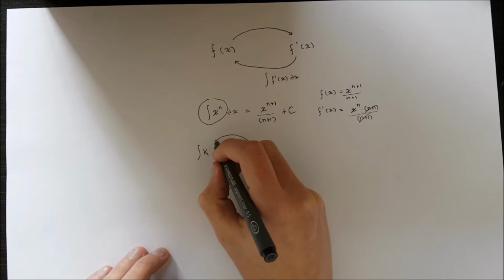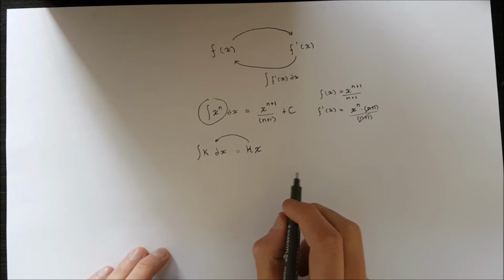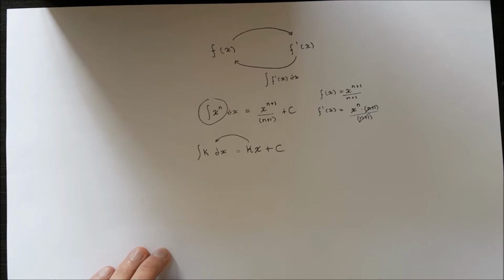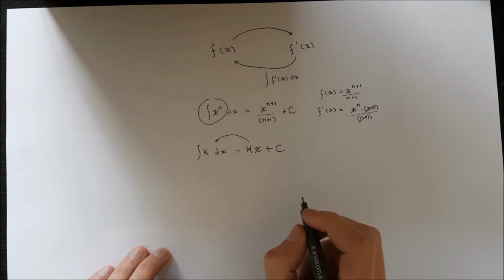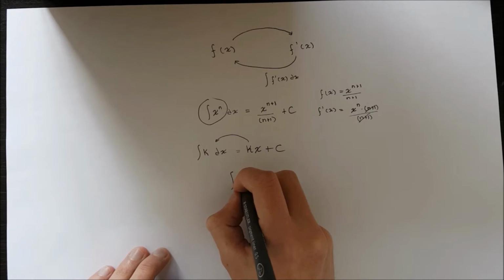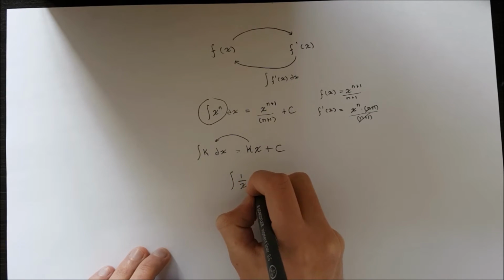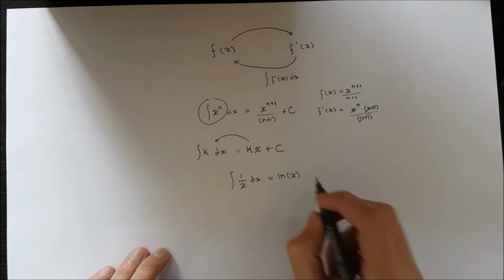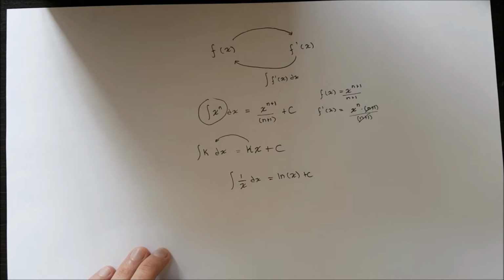That gives you back the original integrand, which is what we want. And this is plus c, again, plus a constant. Another interesting one is the integral of 1 over x dx, which is always going to be equal to ln x plus c. It's important because we use it a lot.